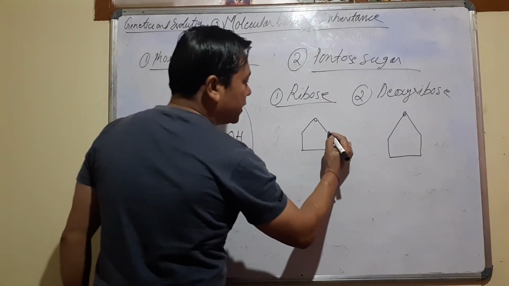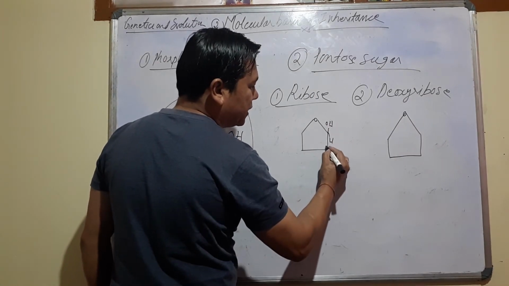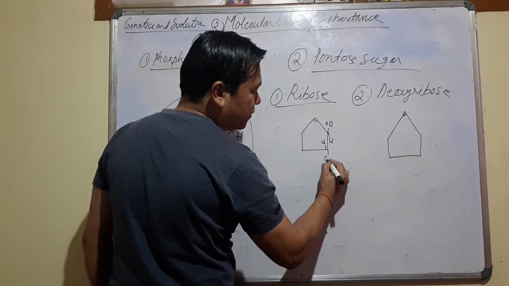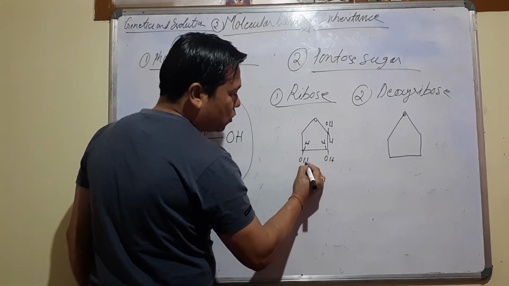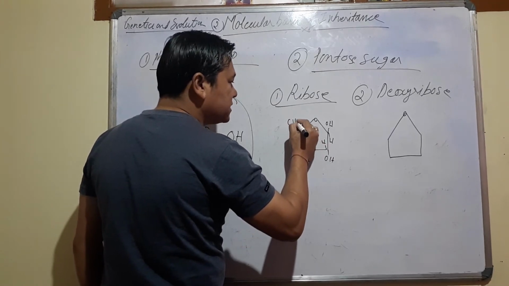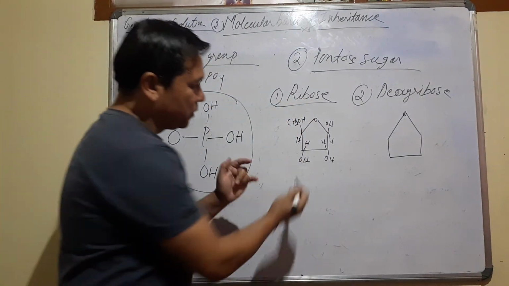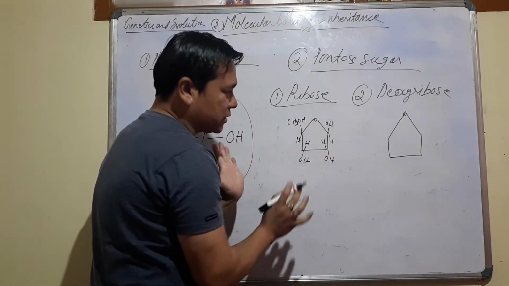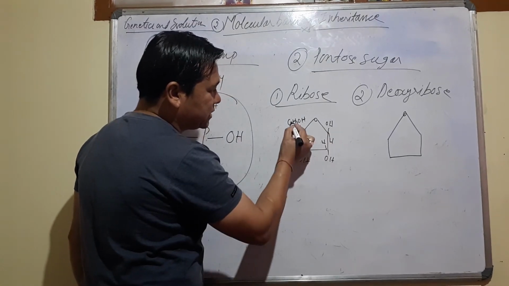राइबोज सुगरमा ओके हियर इट कम्स OH, हियर कम्स H, यहाँनिर H आउँछ, यहाँनिर पनि OH आउँछ. Here also H, here also OH, and here H, and here comes CH2OH. यति याद राख्नुस्. Got it or not? So I think कुन कर्नरमा के आउँछ याद भयो होला. OH, OH, H, H, H, OH, H, CH2OH.